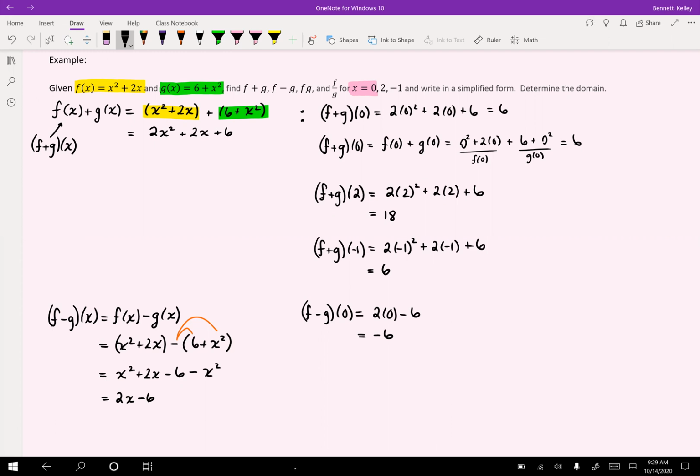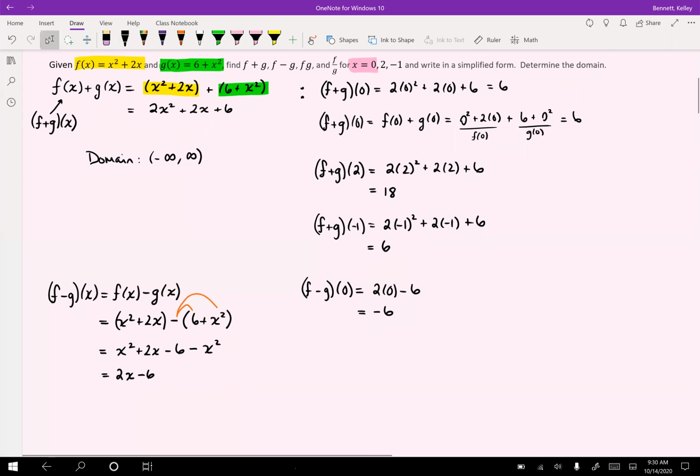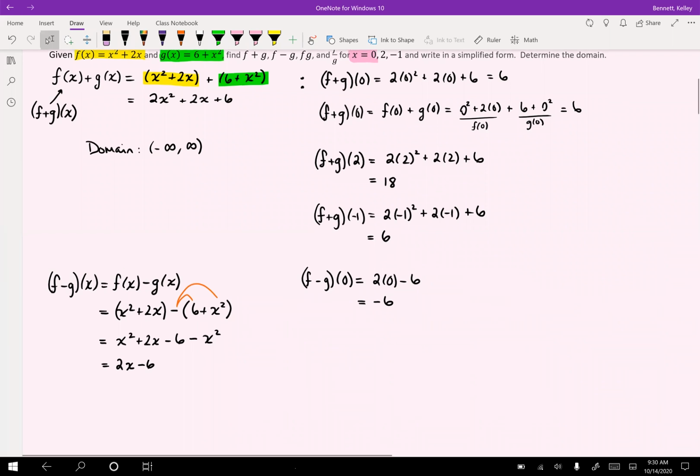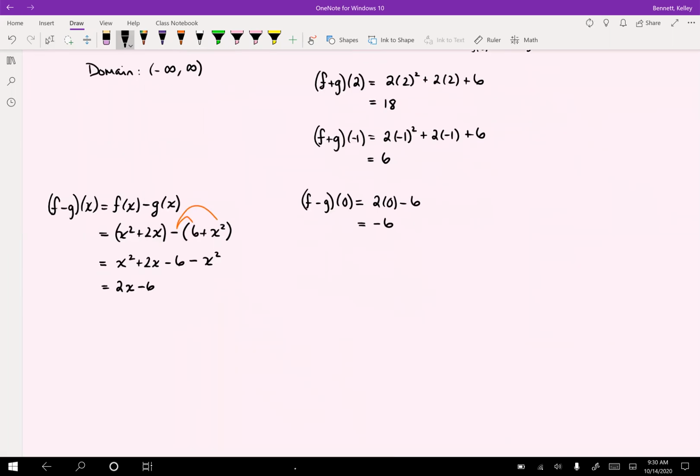And we can see here that for f plus g and for f minus g, they're both polynomials. So the domain is just all real numbers. I'm not going to have any square root of a negative. I'm not going to have division by 0. None of these problems that I have to be on the lookout for when determining the domain of a function. So for both of them, the domain is all real numbers.